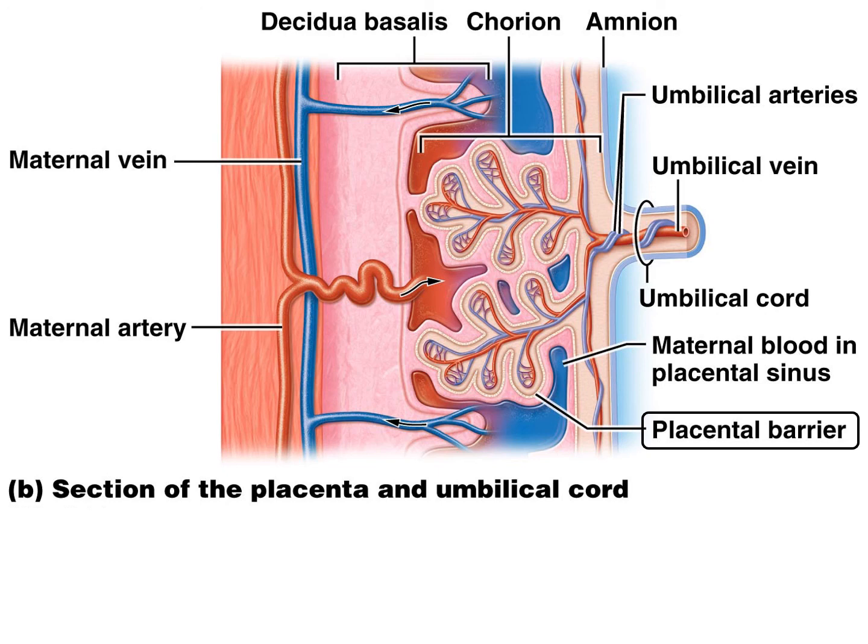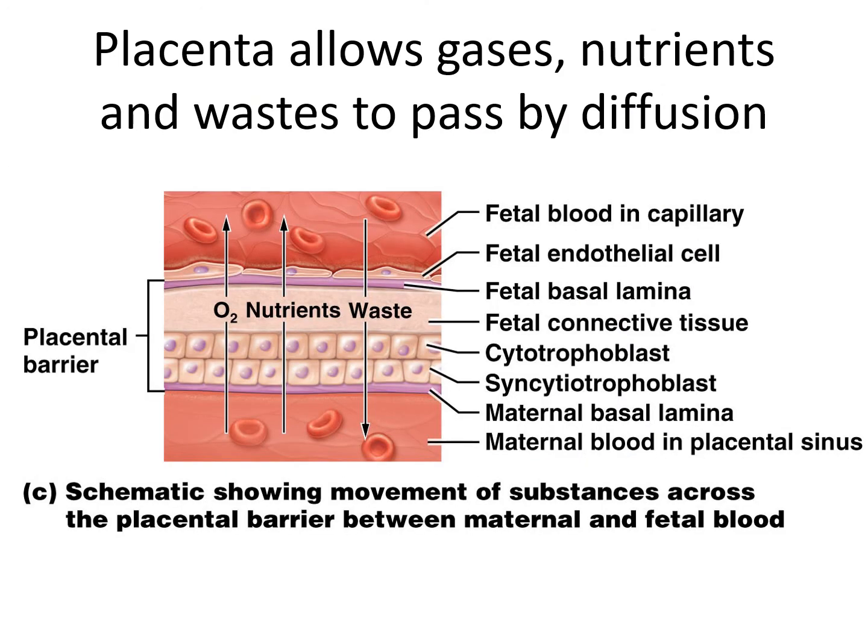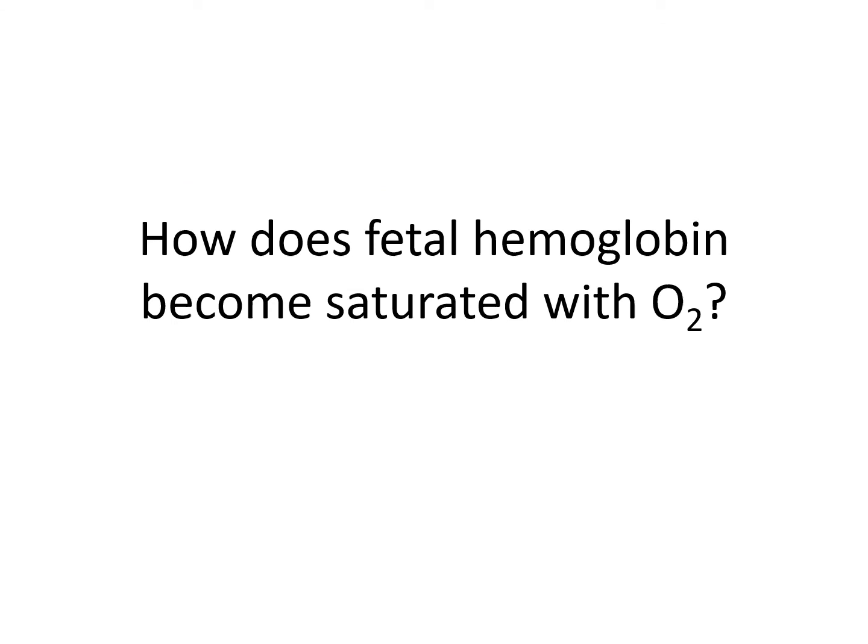Because you don't want blood entering to affect the cells, because remember, these cells are unique individual cells compared to other cells of the body. Okay, so remember, the placenta functions to allow gas, nutrients, and waste to pass by diffusion. So it is a lifeline to the fetus.